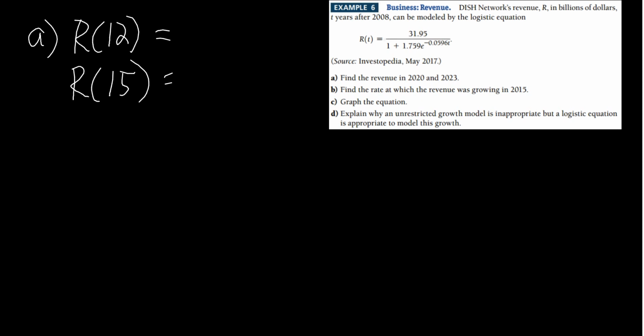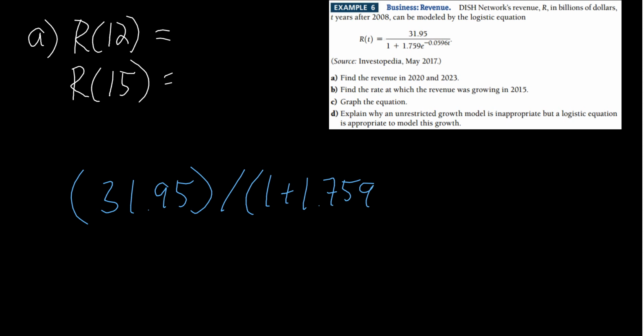And that happens, but here's what I put into my calculator. 31.95, and then a division symbol, and then another parentheses, 1 plus 1.759 e caret, and then in parentheses, 0.0596 times 12, and then close that parentheses and close that parentheses.